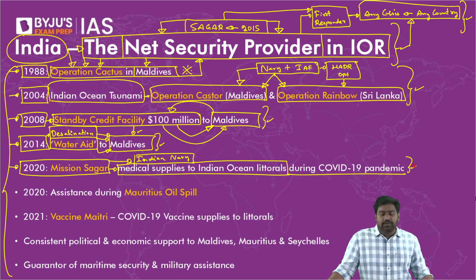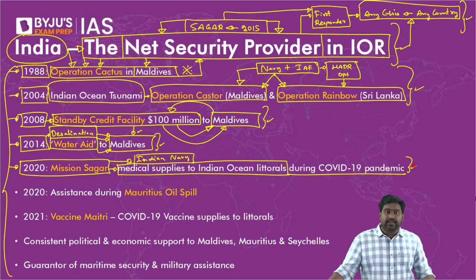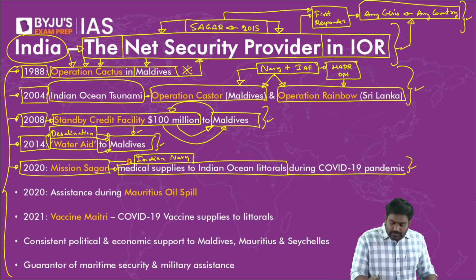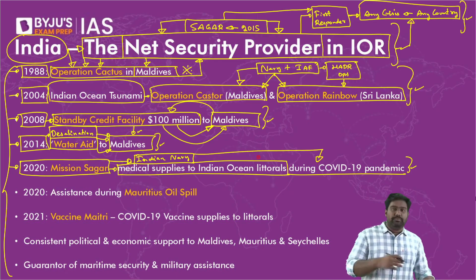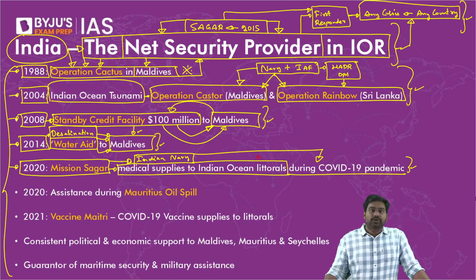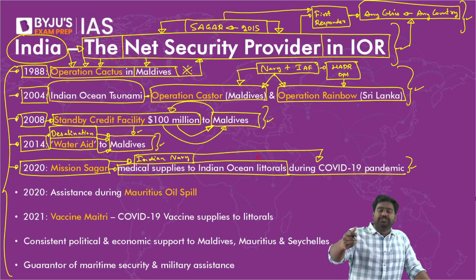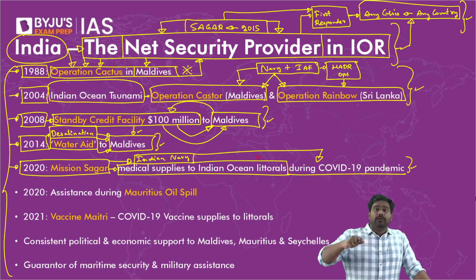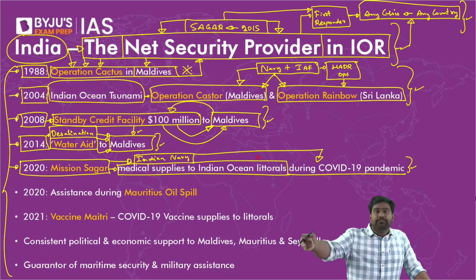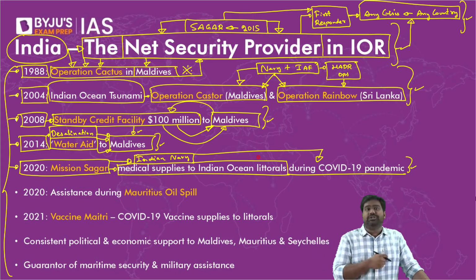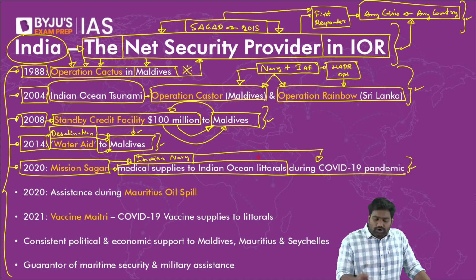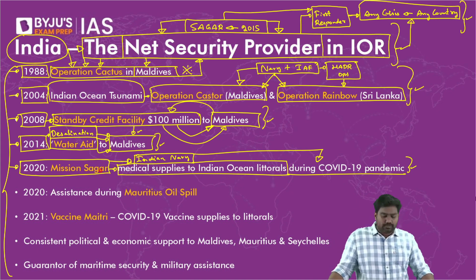And other essential medical supplies were provided by India free of cost. And the Navy reached out to many littorals of the Indian Ocean, many rim countries of the Indian Ocean. Sri Lanka, Maldives, Mauritius, Seychelles, even Madagascar, Mozambique, Kenya, right? Even Vietnam in Southeast Asia. All these countries got medical supplies from India under Mission Sagar, which was led by the Indian Navy.